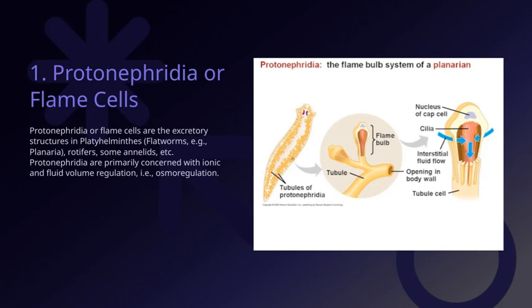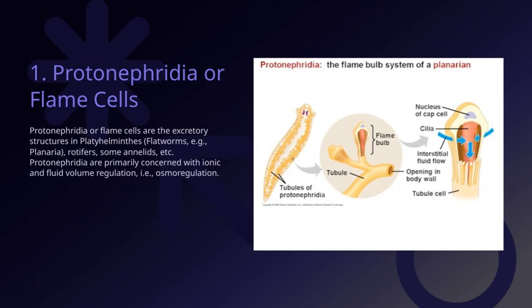Let's take a closer look at protonephridia, also known as flame cells, which are the main excretory structures in platyhelminthes, like flatworms such as planaria. These structures are also found in some rotifers and certain annelids. Protonephridia are specialized for managing the organism's internal environment, primarily focusing on ionic balance and fluid volume regulation, which is a key aspect of osmoregulation.